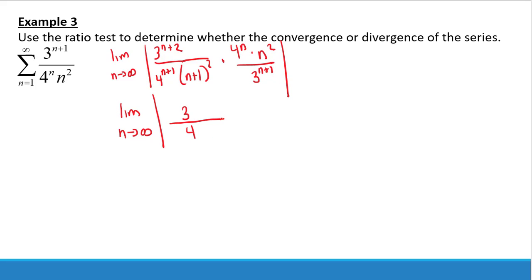Remember, you're looking at this as n goes to infinity, so same power. This would go to 3/4, less than 1, so therefore this converges by the ratio test.